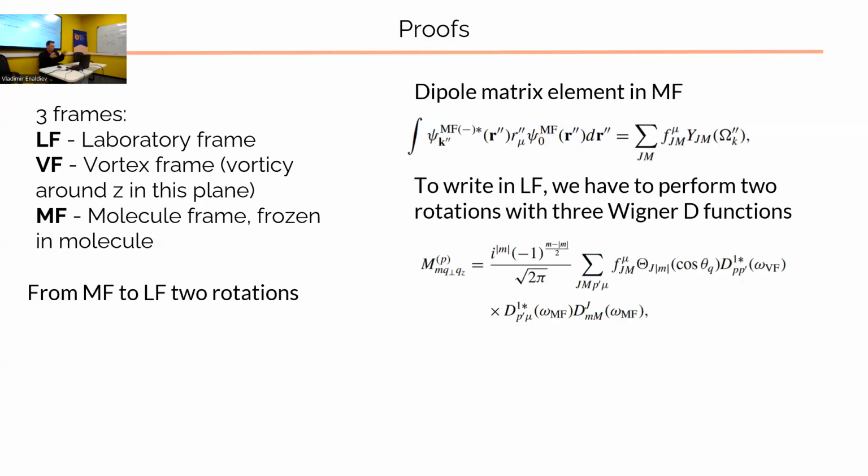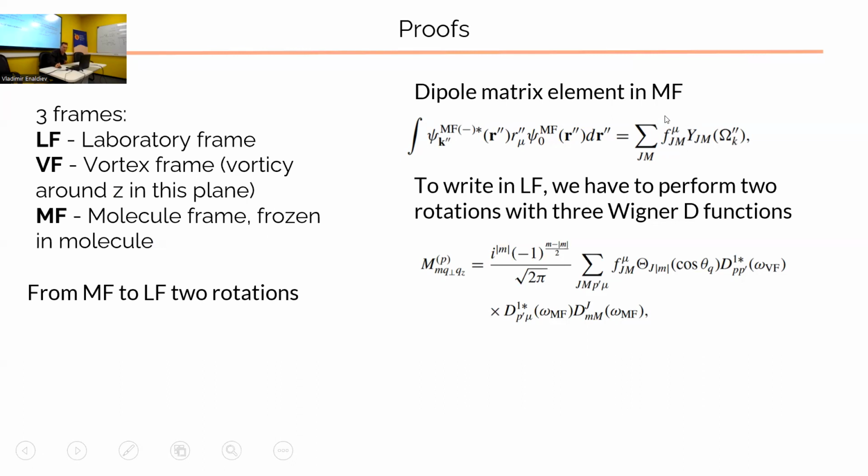This frame is frozen into the molecule. This is how averaging over molecular orientations works. We have the dipole matrix element in the molecular frame. This frame is frozen into the molecule, so there are no rotations, and it can be expressed by some coefficients f, which should be calculated somehow.